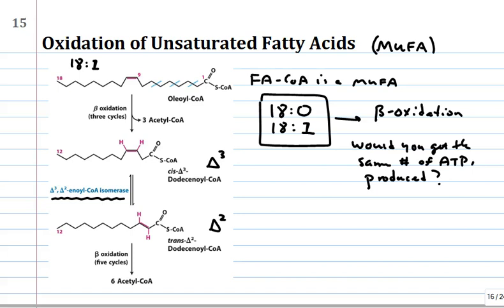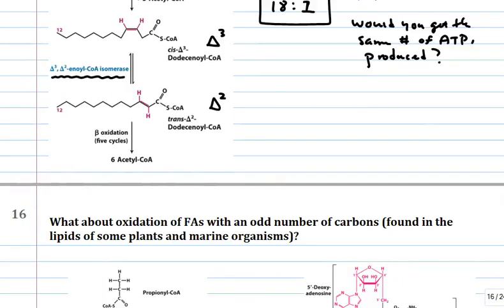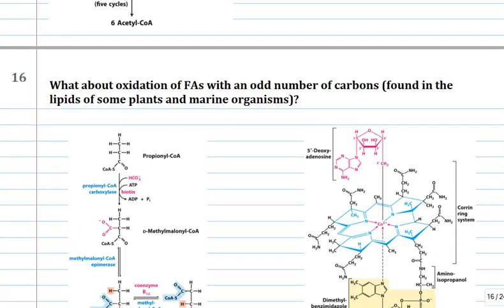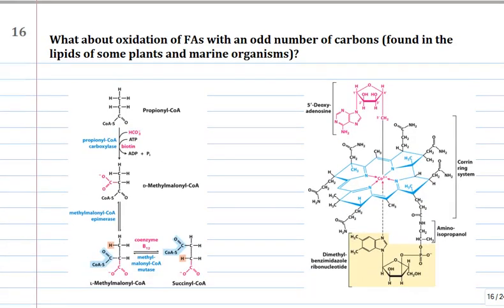But the question is, in the end, when you do the summary, are you going to get the same number of ATPs produced from the breakdown of these 2 fatty acids? I'm going to leave that for you to ponder and think about, because this is a really good question. All right, let's keep going.